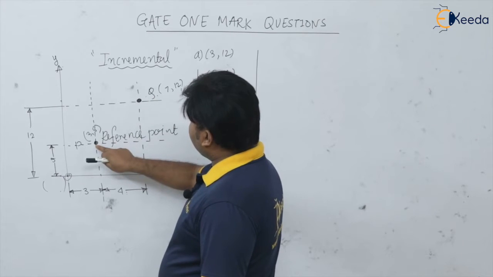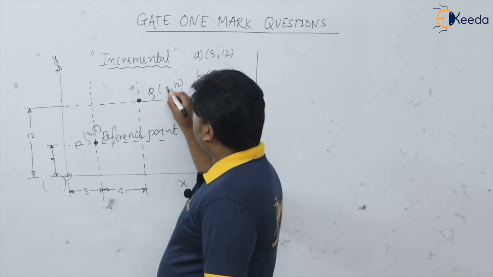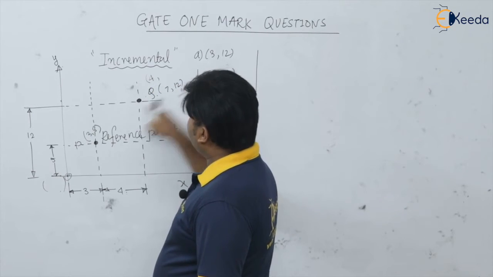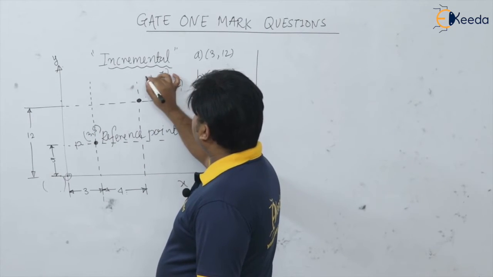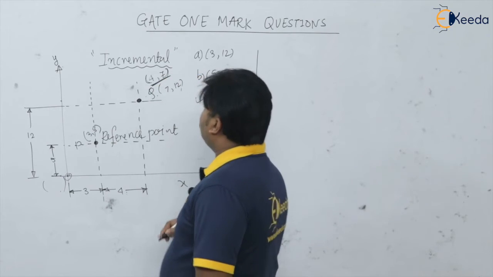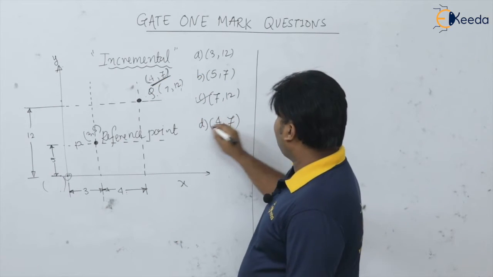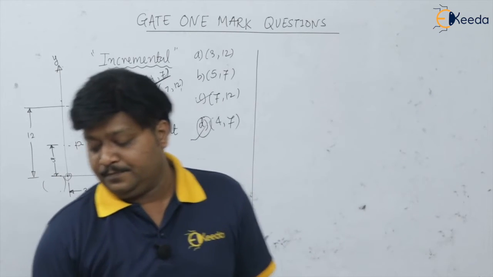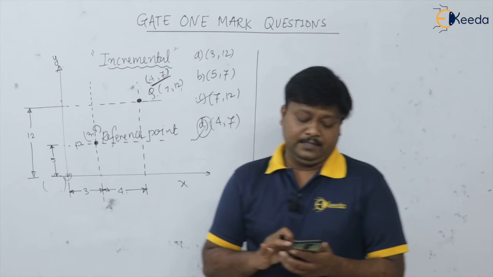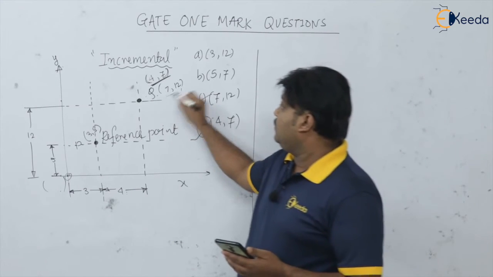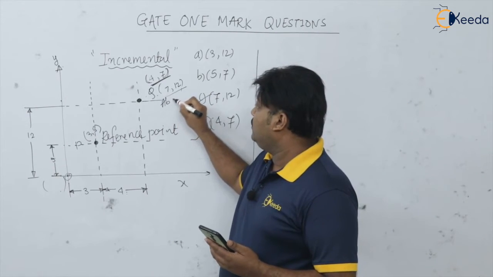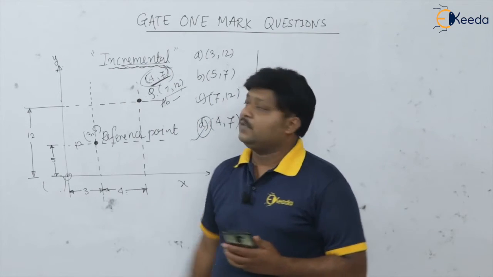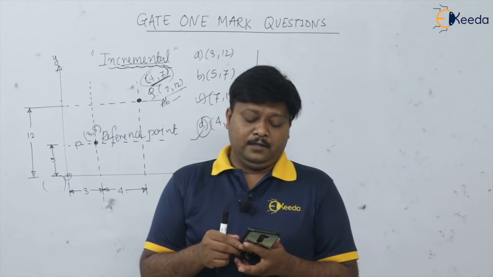Then previous will be the reference point, so it will be the 7 minus 3, that is 4, and 12 minus 5, that is 7. So 4 comma 7 will be the coordinates of point Q. So 4 comma 7, so D is the correct answer. Absolute में क्या होगा? 7 comma 12 will be in absolute coordinate system, and incremental coordinate system में क्या रहेगा? 4 comma 7.